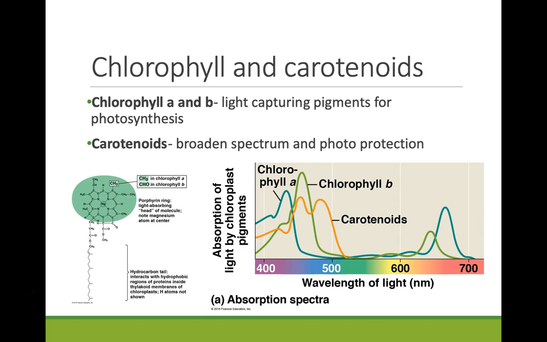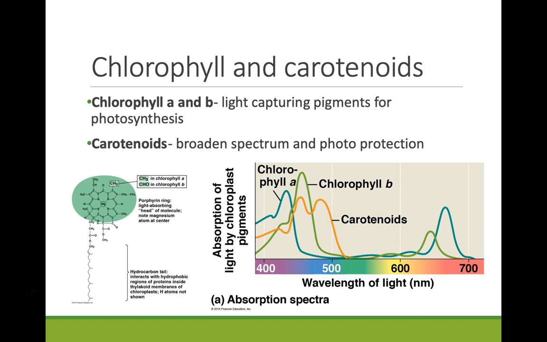Chlorophyll reflects or transmits the green color in the visible spectrum, and so that's why we see plants as green. Carotenoids actually reflect the orange, so they're not absorbing the orange or the red spectrum. So carotenoids are the main pigment in a carrot. That's why a carrot is so brightly colored.